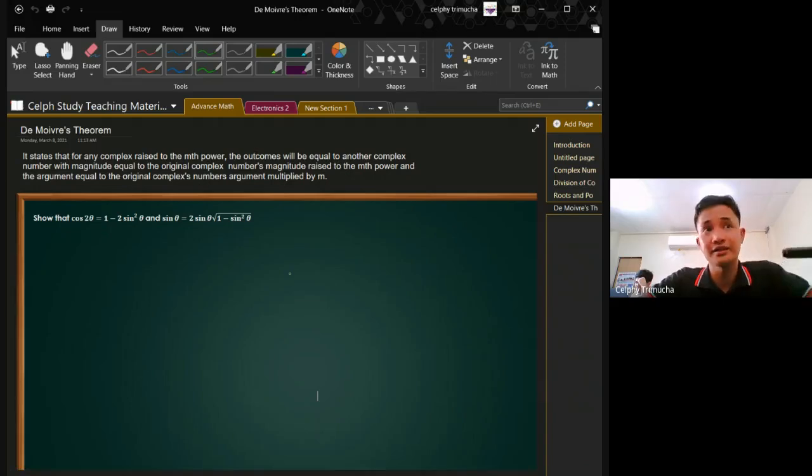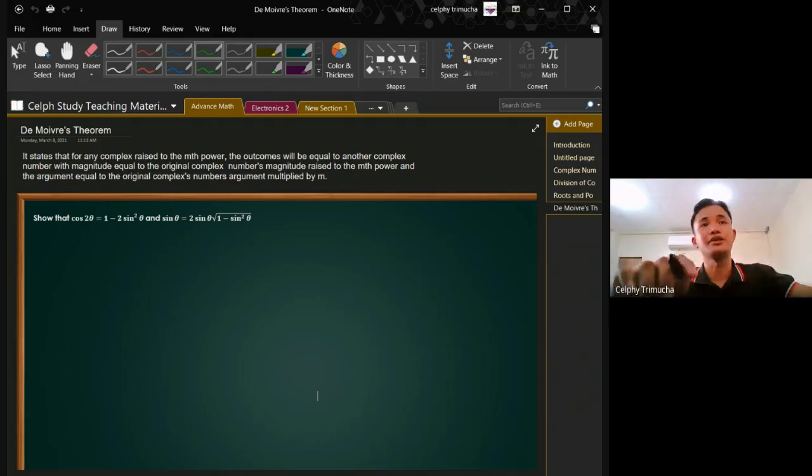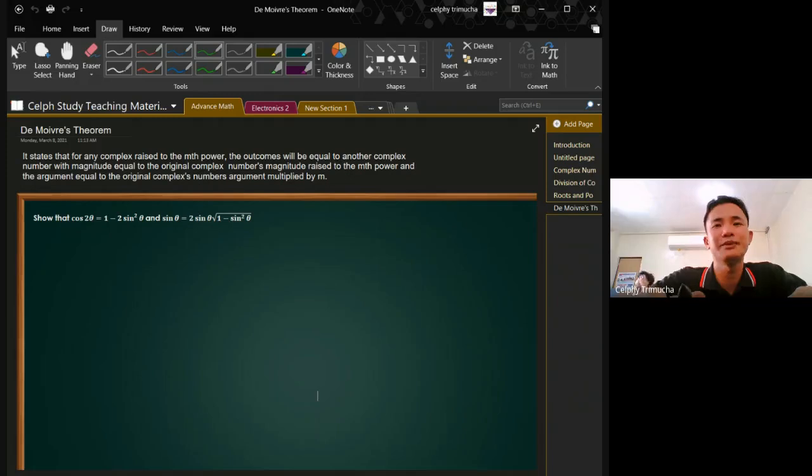It states that for any complex number raised to the mth power, the outcome will be equal to another complex number with magnitude equal to the original magnitude raised to the mth power, and the argument is the original argument multiplied by m.